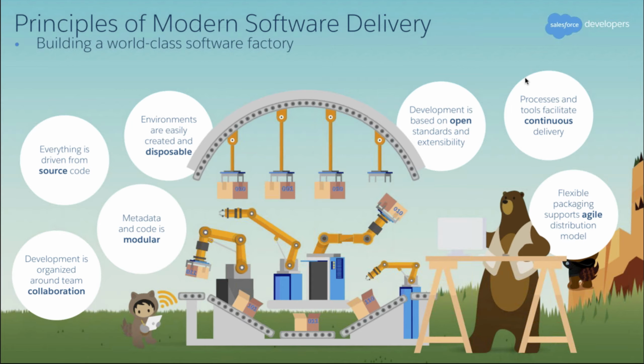So again, the principles of modern software delivery. You may have seen this slide in other sessions, but we want to highlight a few things here. The key points of modern software delivery are that what you're doing is project-based modular development.